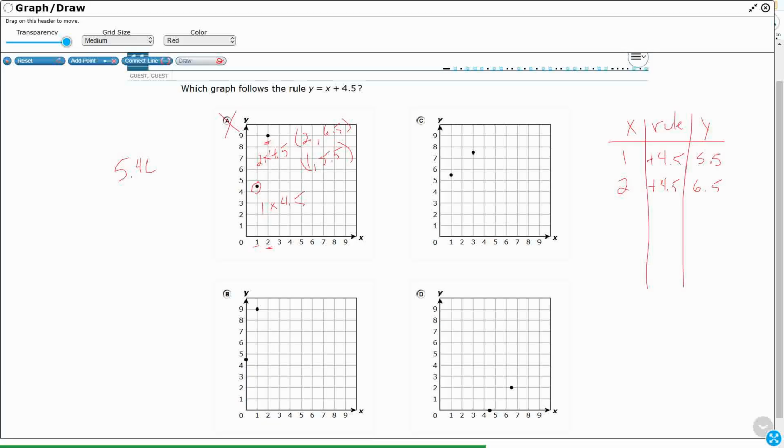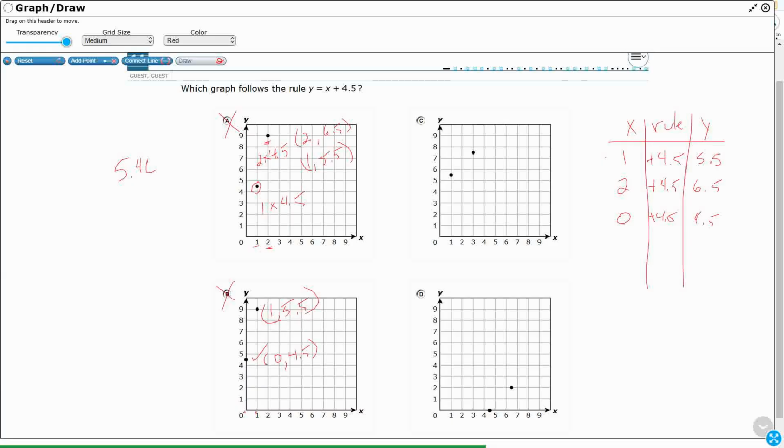All right, so I've got a 0, and I already know a 1. I'm going to put my 0 there, plus 4.5. It's going to be 4.5. So I should have 0, 4.5, which looks good. But my 1 should be 5.5, and it's not. It's 1, comma 9.